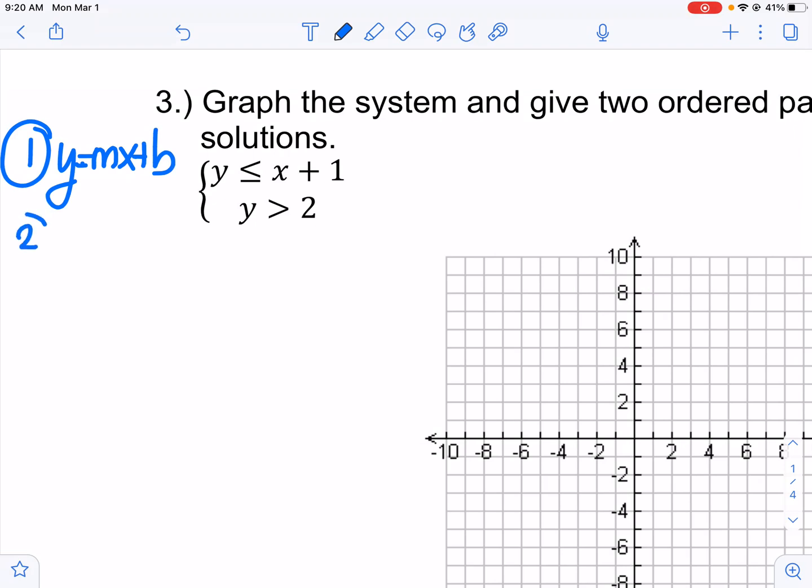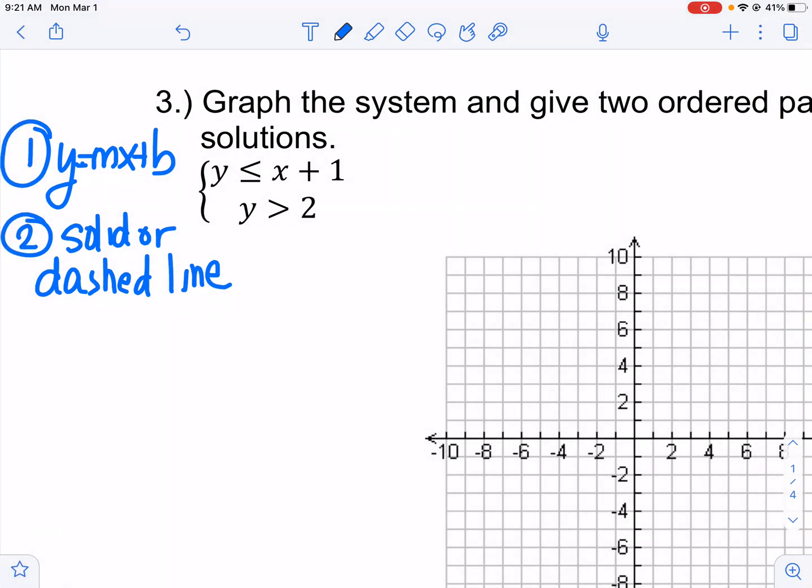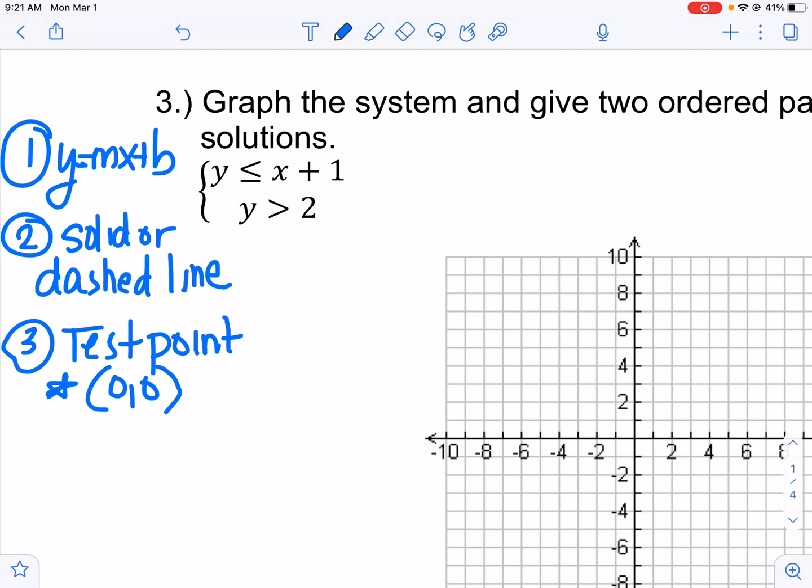Your second step is to determine if you need to draw a solid or dashed line. And your third step is to test a point. Remember, most times it's 0, 0. There are some times when you have to choose a different point. So these steps are straight from section 6.5.